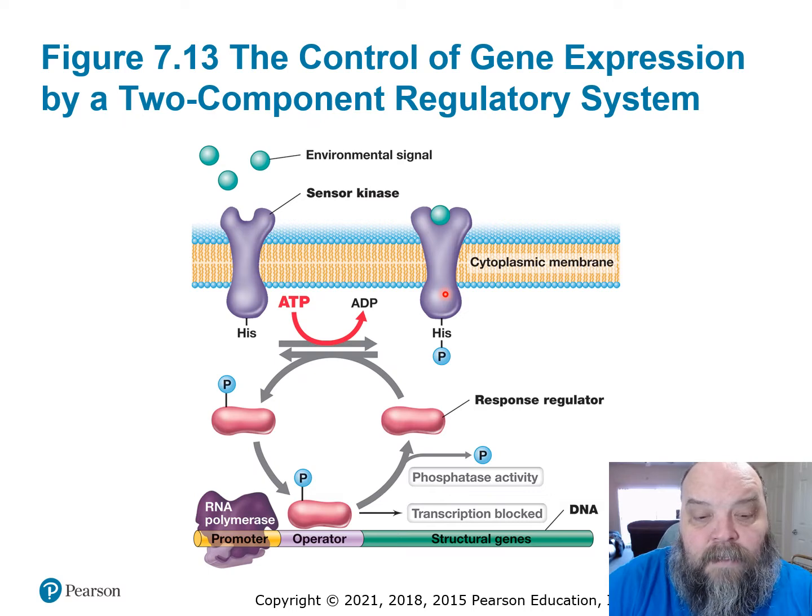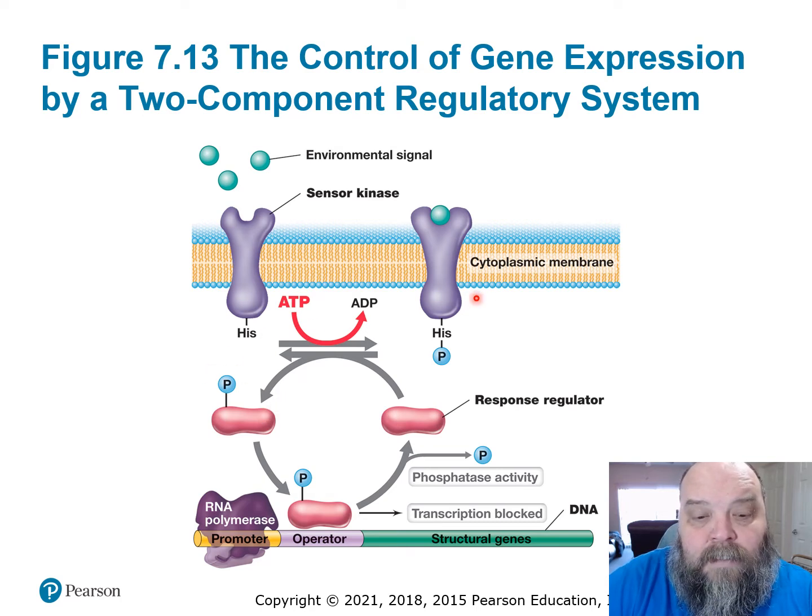It's now activated. In the process, it can turn around and take a response regulator that's in its native inactive form and transfer that phosphate group. Signal binds, autophosphorylates, and then phosphorylates its target regulator protein.